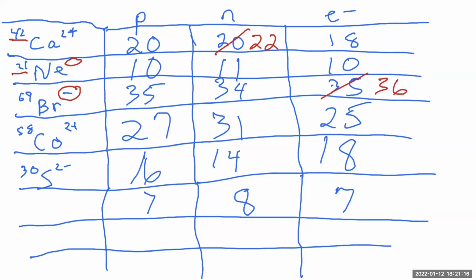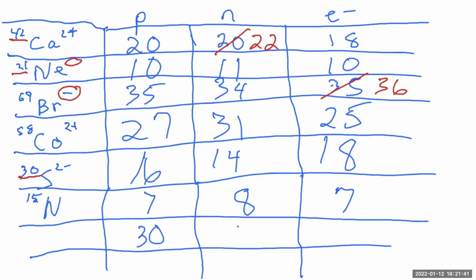Nitrogen. Okay, nitrogen. And what's the mass number? What's this number right here, this mass number? 15. It's the protons plus the neutrons. That's right, nitrogen 15.